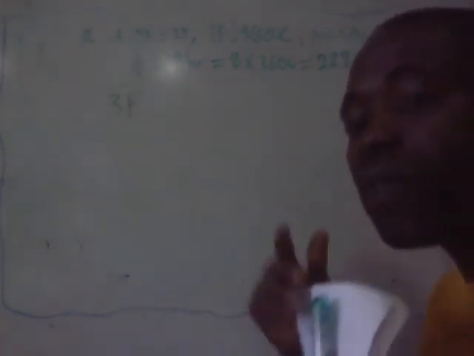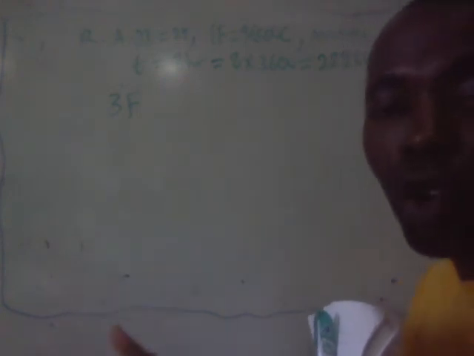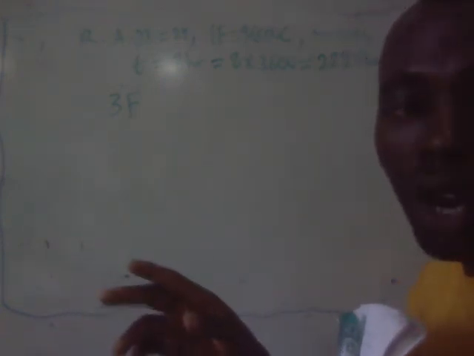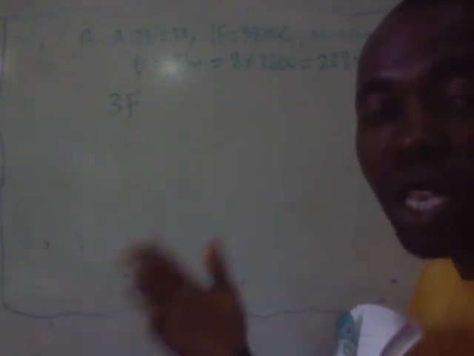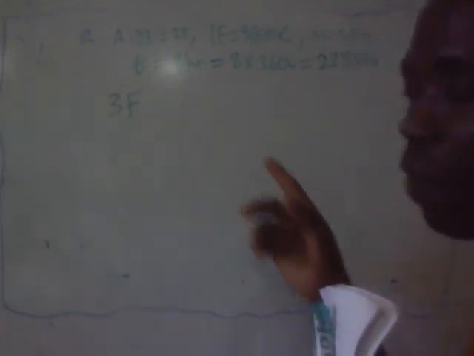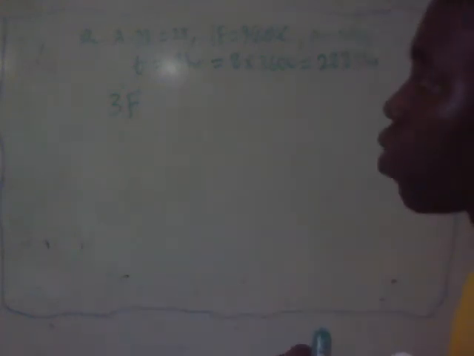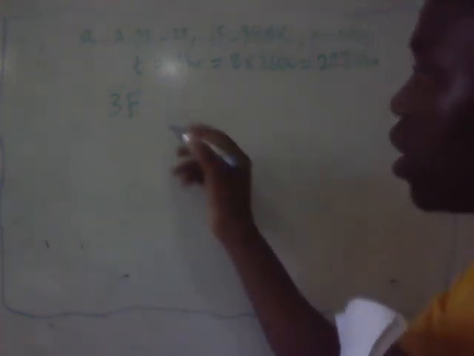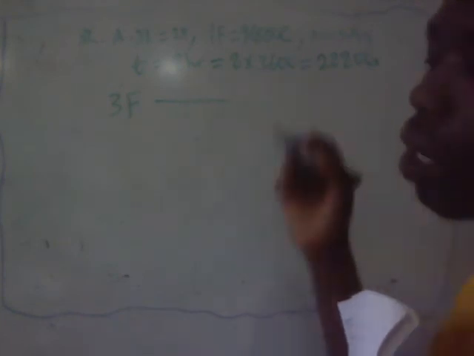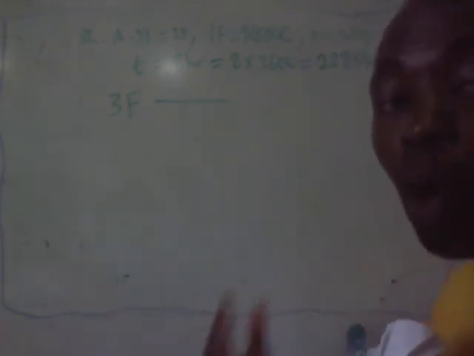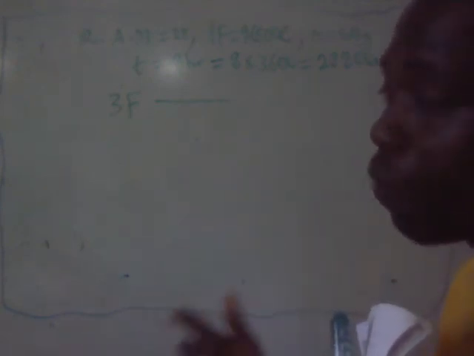If this is a gold salt, Au, the oxidation number of gold is plus 3. You say 3 Faraday. So aluminum is also plus 3 Faraday. So 3 Faraday of electricity is required to discharge 1 mole of the element.